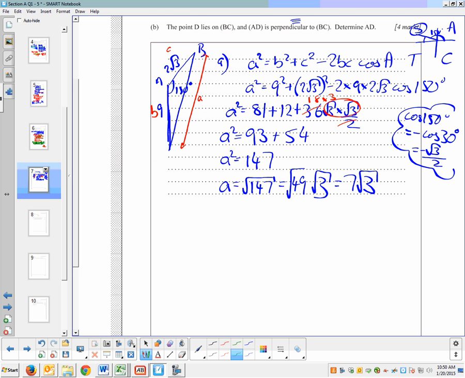The next part, it says point D lies on BC and AD is perpendicular to BC. So we've got point D here.